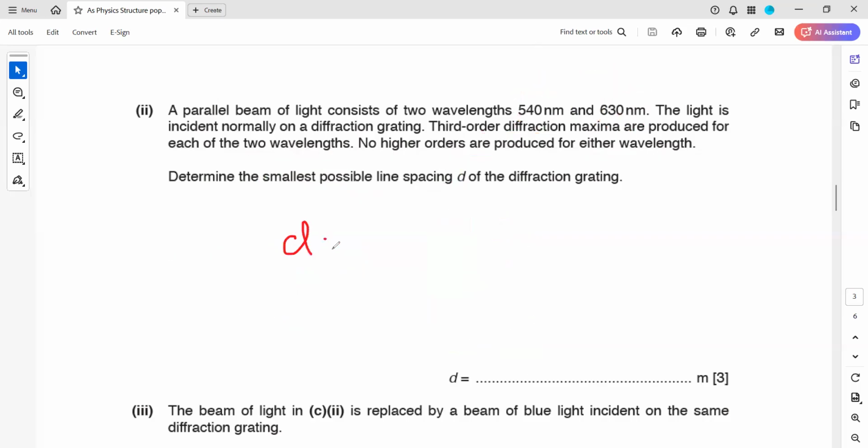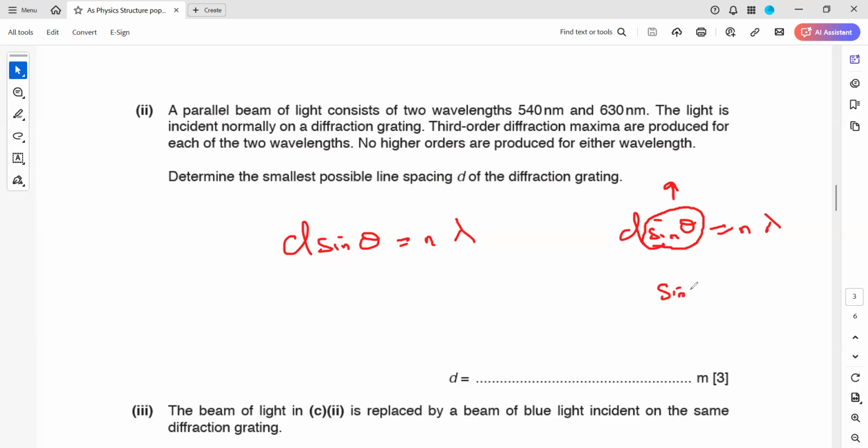So we use the formula D sine theta equals n lambda. If we want maximum diffraction, we want theta to be maximum.